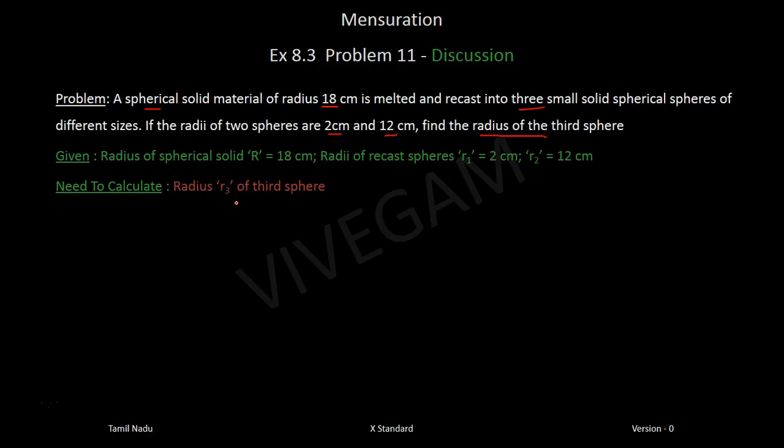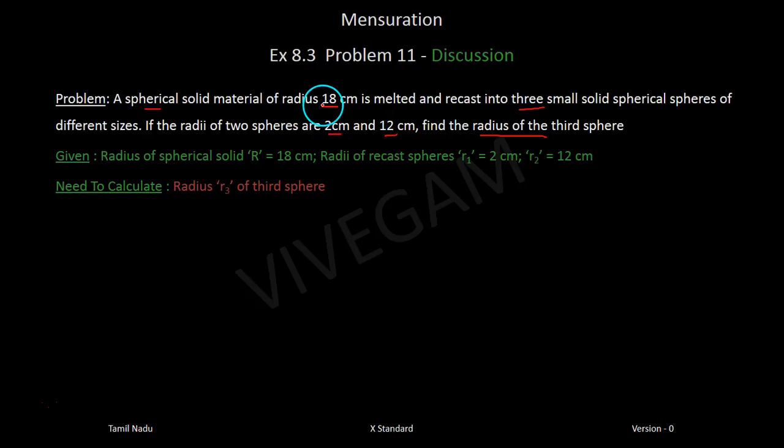Now let's think. You are melting a big sphere into three small ones. So what does it mean? The volume of the big sphere will be equal to the sum of all the spheres. Okay. So there is no way the material will be lost. So the material will be conserved.